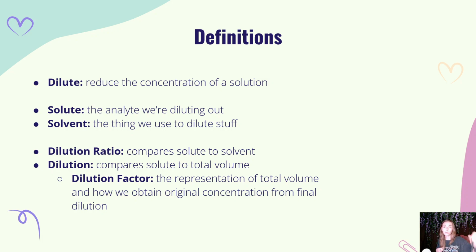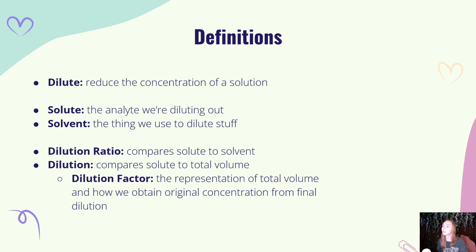So we are always going to be treating the thing that we are trying to analyze as the solute. So just because they say that you are adding your patient specimen into a solution, it doesn't mean that is suddenly the solvent. It just means that it is the thing that you are trying to analyze. So treat the thing that we are trying to analyze as the solute, even if you are adding the patient specimen to something else, if that makes sense.